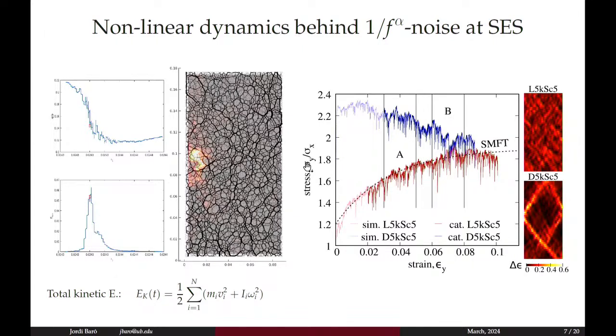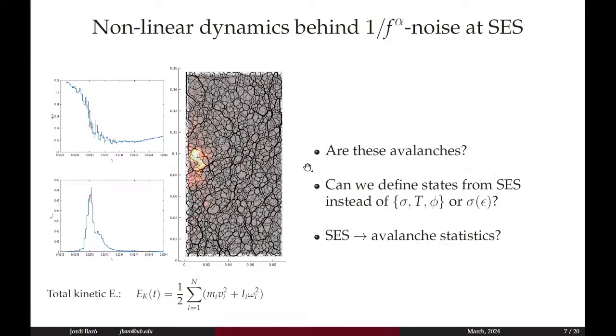Okay, so this gives the idea that indeed we have avalanches here, right? And we are going to want to find some way to characterize them. So first of all, to see if really we are detecting avalanches here.